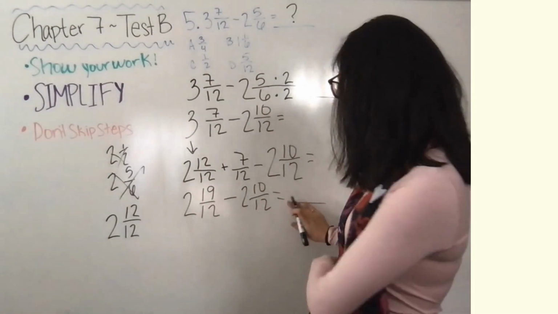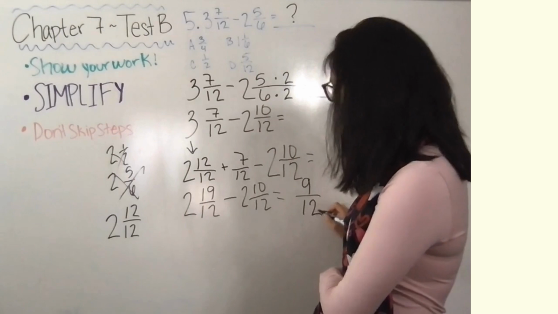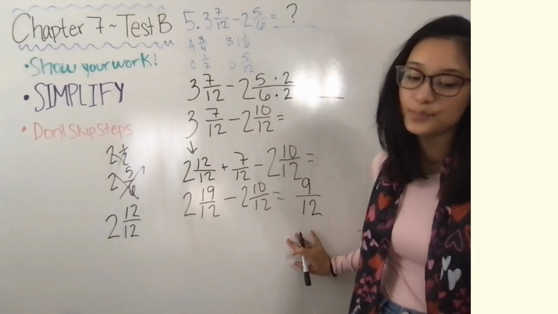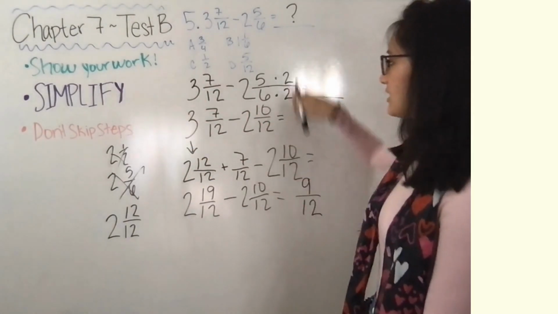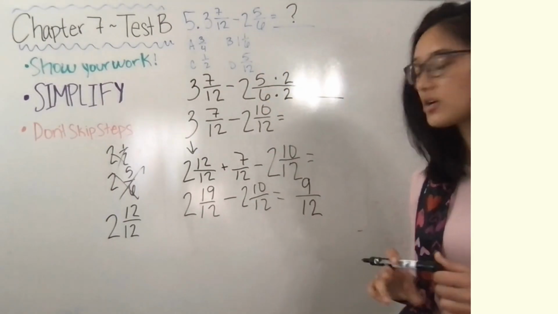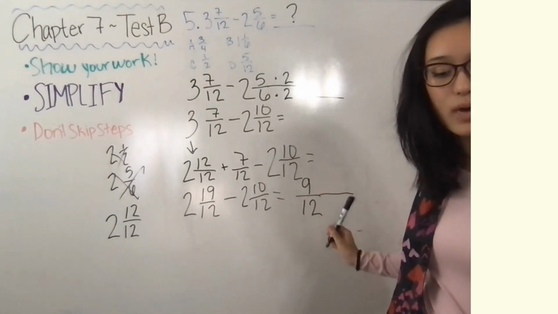Your answer is just 9/12. Now, do we leave it like 9/12? No, because we have to simplify. And 9/12 isn't one of our answers. What's a common denominator between 9 and 12?